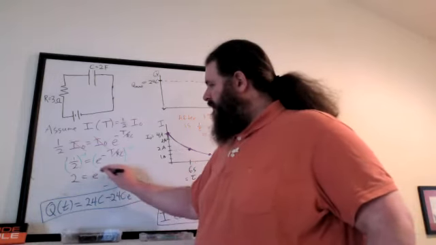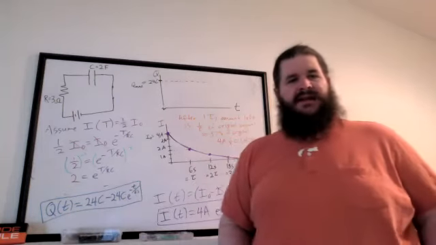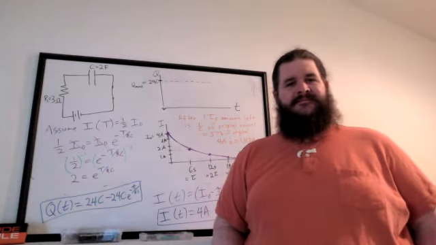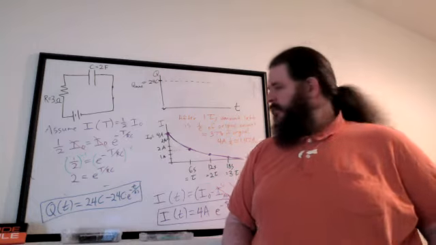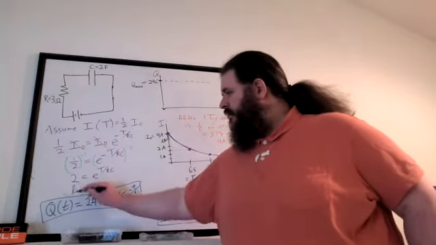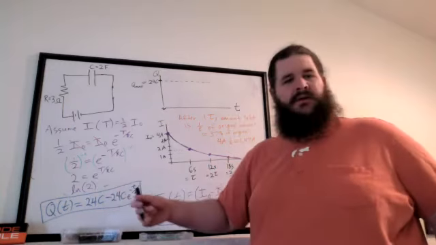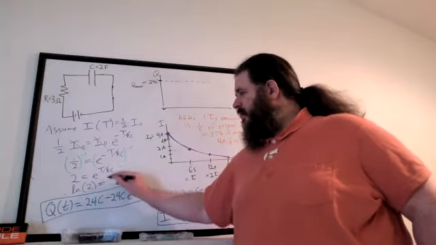We just get e to the t over RC. And then how would you get that t out of the exponent? Take the natural log. Yeah, if you take the natural log of both sides, left side we get natural log of 2, right side logarithm and exponential cancel out, so we just get t over RC.